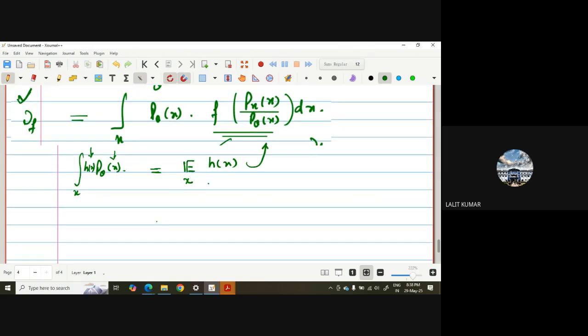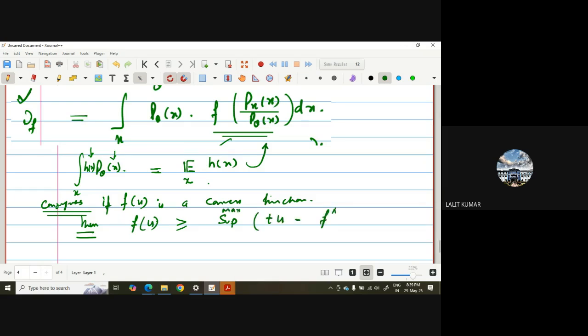So to use this, we took help of conjugates. The conjugate says that if f of u is a convex function, then its conjugate of conjugate becomes f(u) only, and it is greater than or equal to the sup max of t u minus f star of t, where f star of t is the first conjugate, and u belongs to the domain of t.